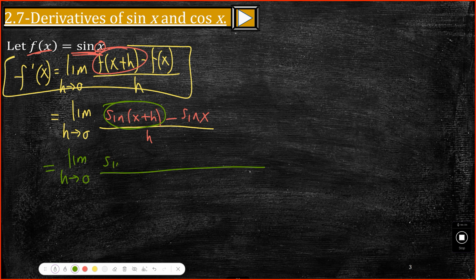Wasn't it sine x cosine h plus cosine x sine h? Okay, if we remember that identity, and then minus sine x over h.